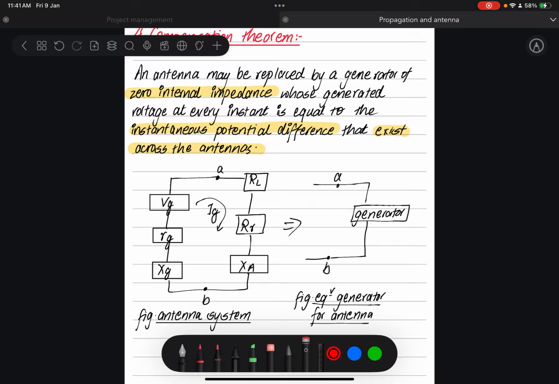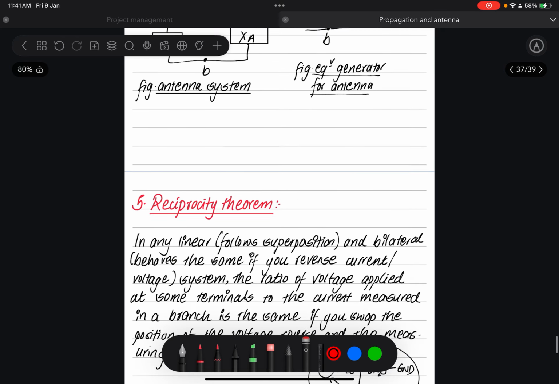As simple as that. You can understand it by the definition as well.